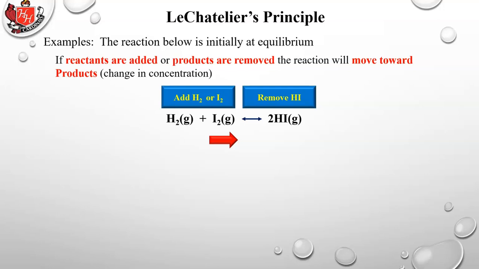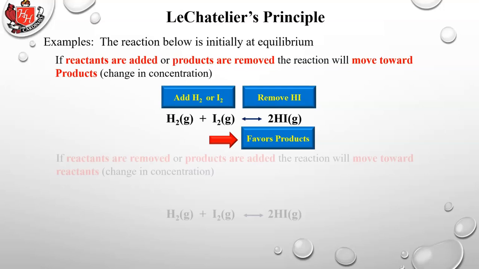On the other hand, if you left H2 and I2 alone and you removed HI, then that room becomes less crowded. So people on the left side will say it'd be more comfortable if we moved over to the right side, so the reactants move over to the right. So just think of it as crowded or uncrowded rooms. That would favor products if you either add H2 and I2 or remove HI.